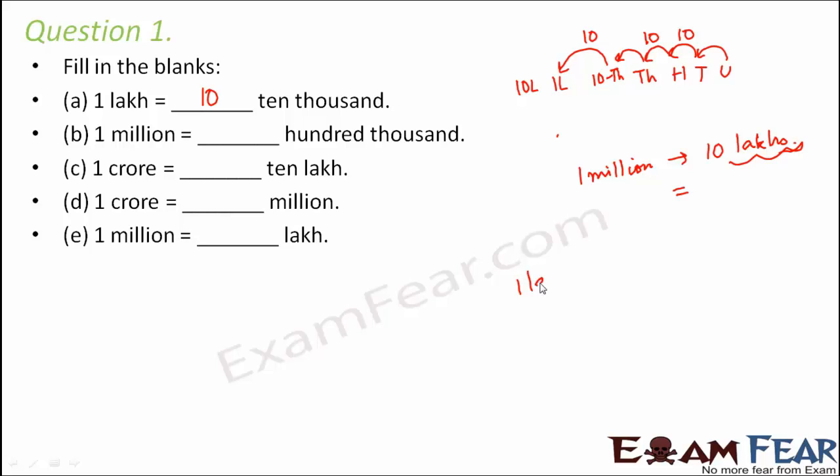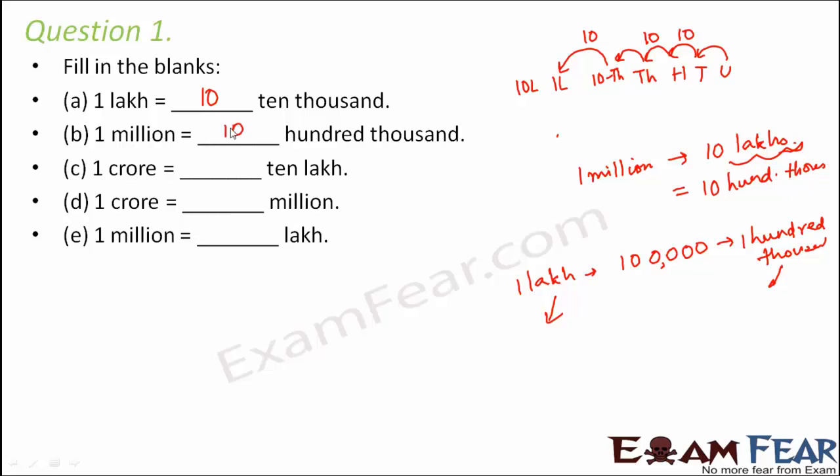This is how we write 1 lakh, and this is how we write 100,000. So this is also called 100,000. It is just that this is the Indian system of numeration and this is the international system. So basically 1 million is equal to 10 lakhs. That means 1 million is equal to 10 hundred-thousands, because 1 lakh is 100,000. So this would be 10.